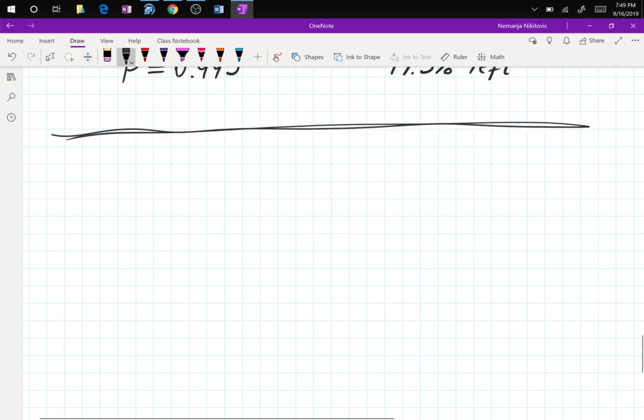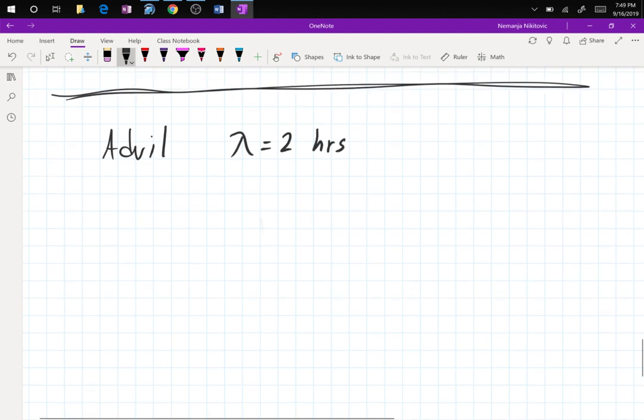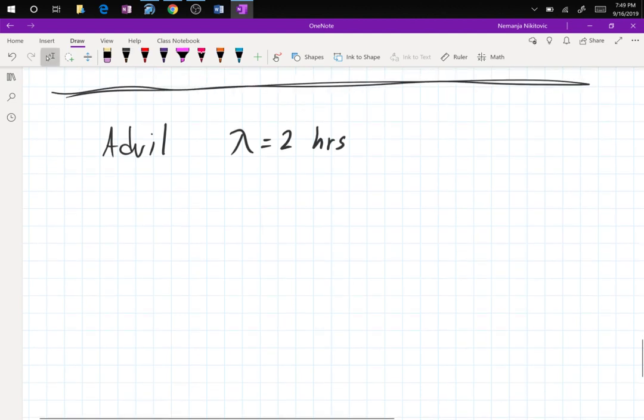But anyway, so Advil, lambda equals 2 hours. And let's say this is going to be an algebraic calculation. And then we can go and do some math if you want to. So you take 500 milligrams now. What happens 2 hours later?